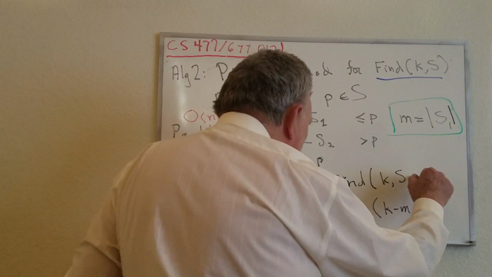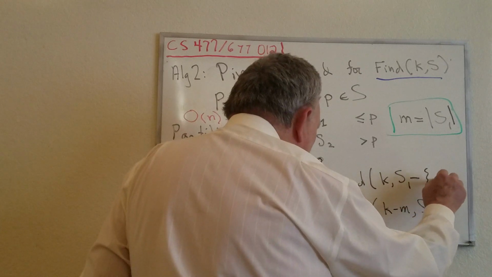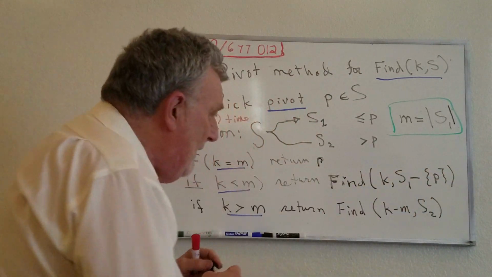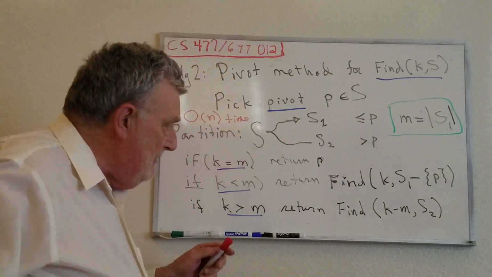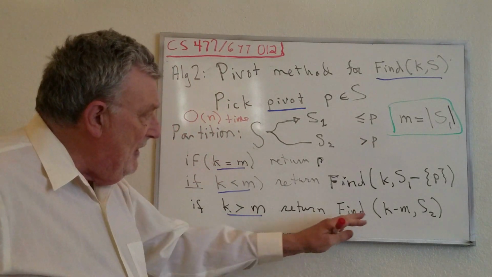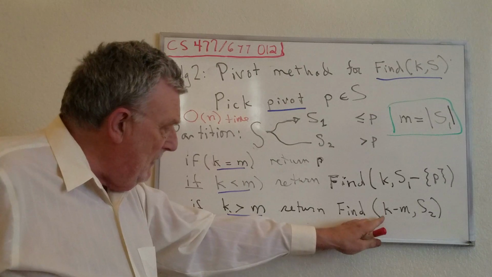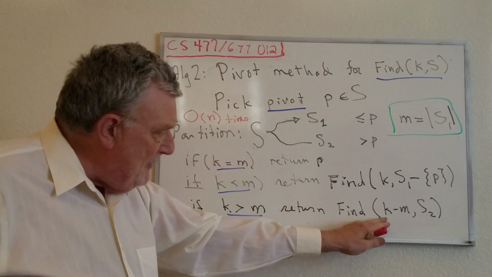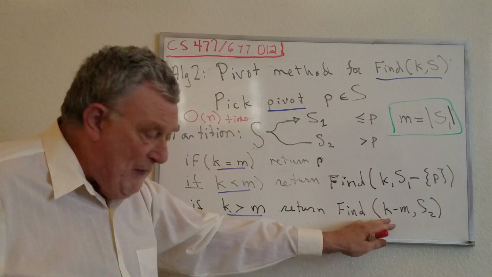We're going to subtract the pivot element. So actually, it'll be definitely smaller than n in size. And then if k is greater than m, then we find the k minus mth member of S2.